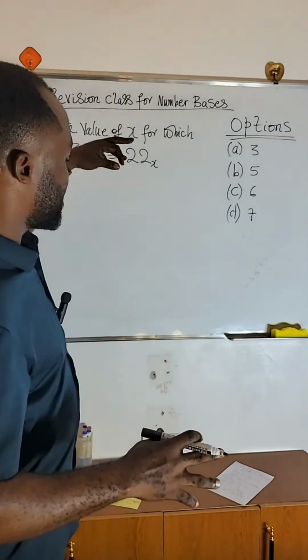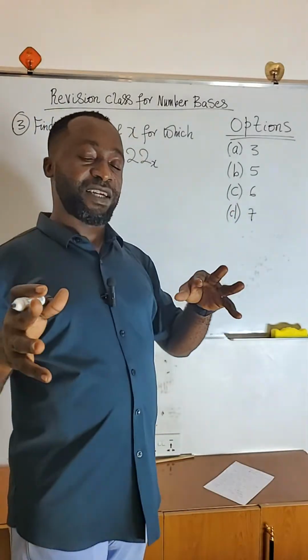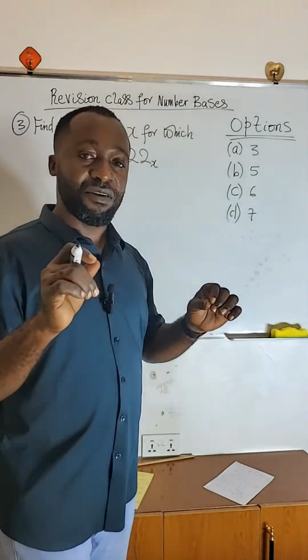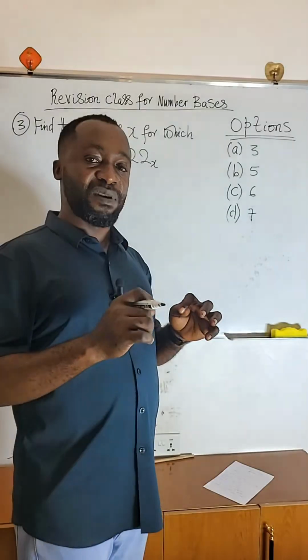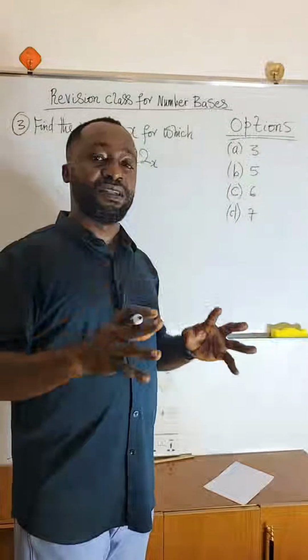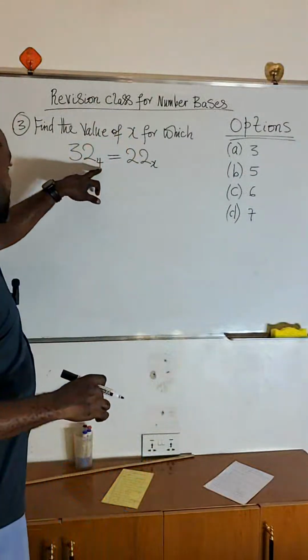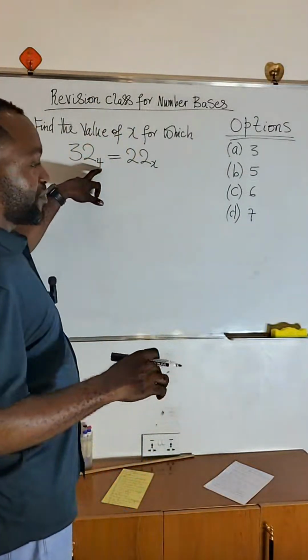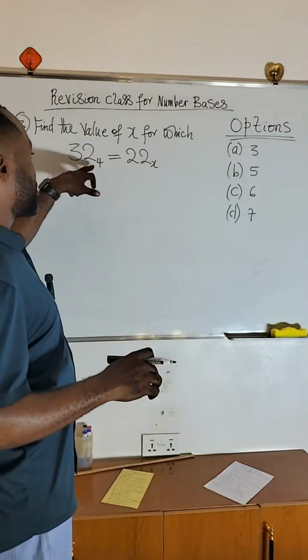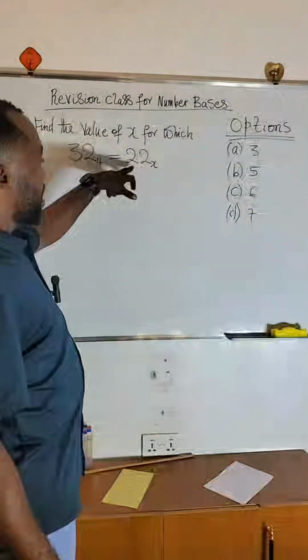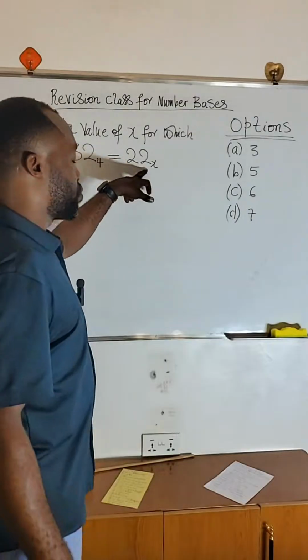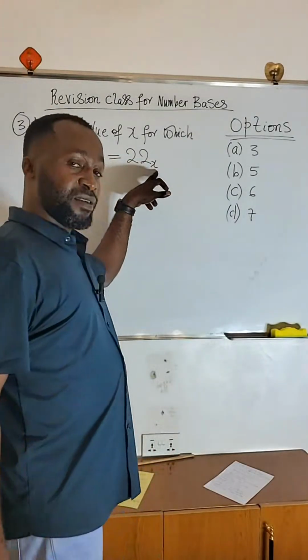This question number 3 is similar to question number 2. They are all about finding an unknown base. Here you can see that the base here is known, which is 32 in base 4. And here on the right hand side, you have 22 in base x.